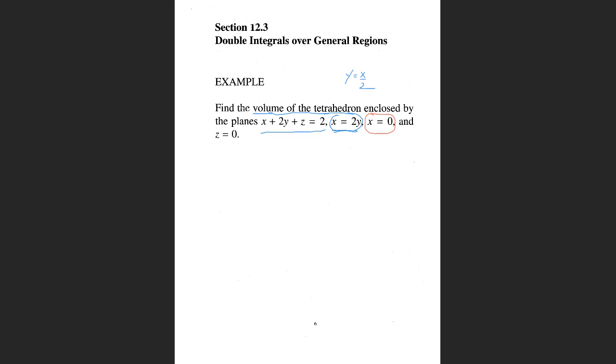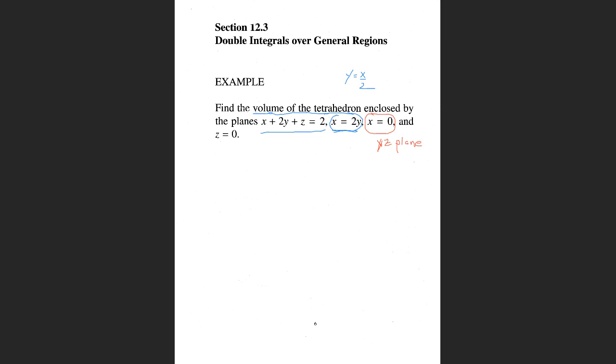As a matter of fact, what coordinate plane does x equals 0 correspond to? That's right. Good, Charles. All right, Marwan, good. The YZ plane. That's what x equals 0 is.